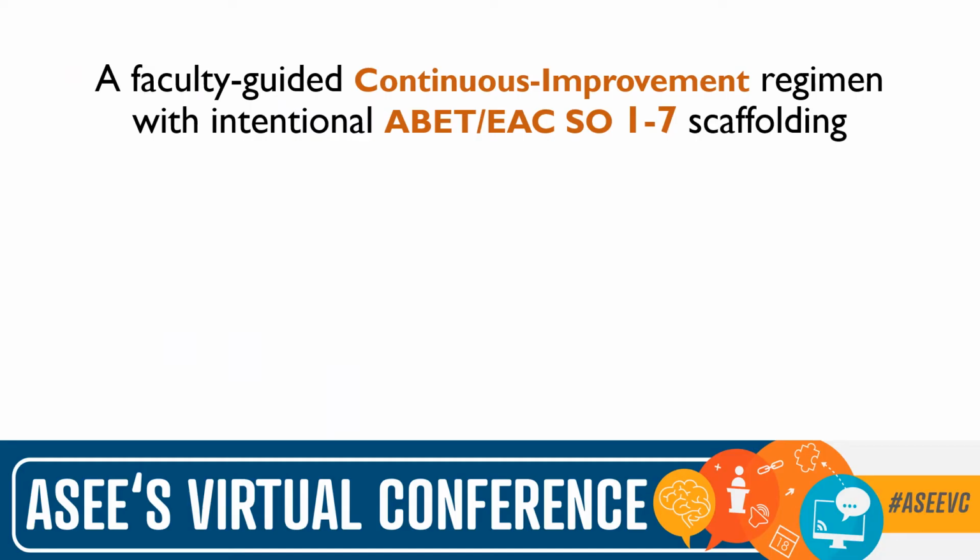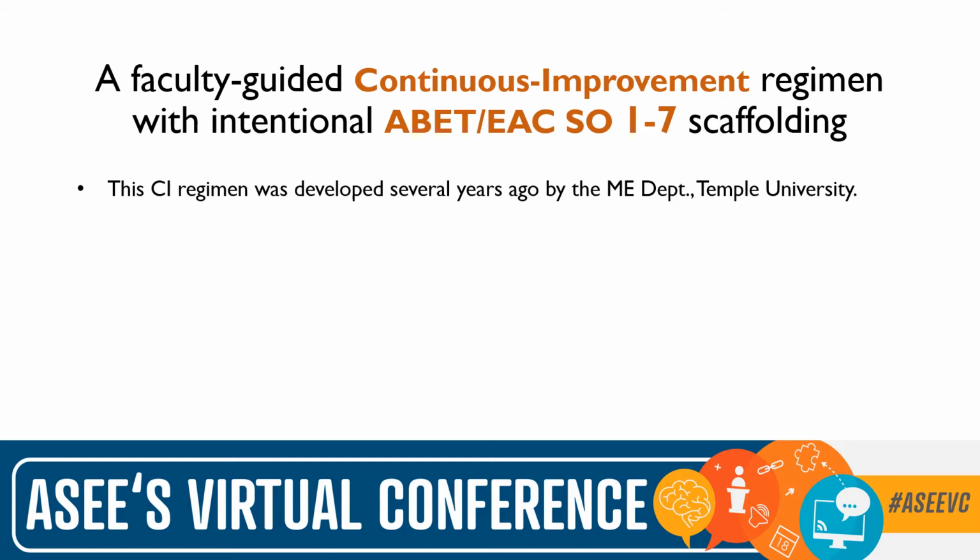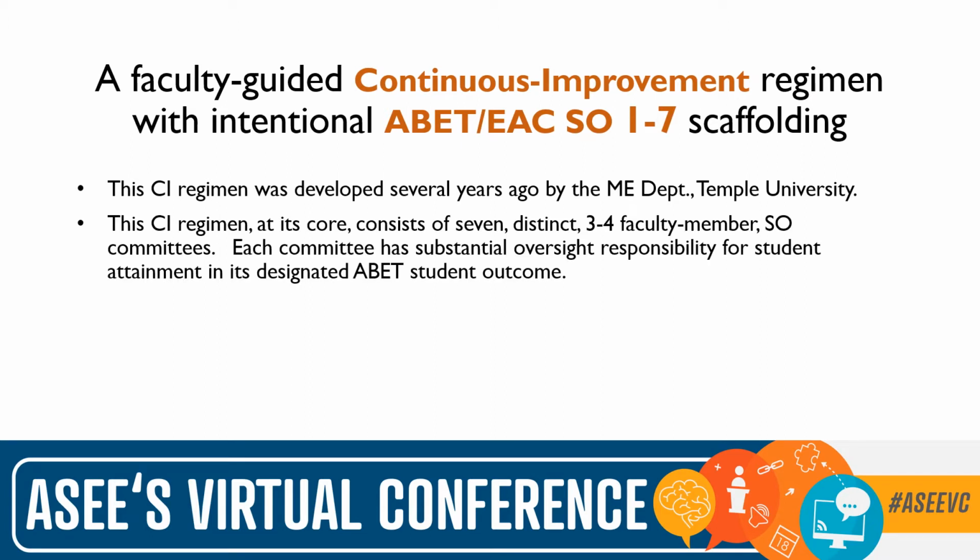This video was created in conjunction with a conference paper titled A Faculty Guided Continuous Improvement Regimen with ABET Student Outcomes Scaffolding. This continuous improvement, let's call it a CI regimen, was developed several years ago by the Mechanical Engineering Department at Temple University in Philadelphia, Pennsylvania.